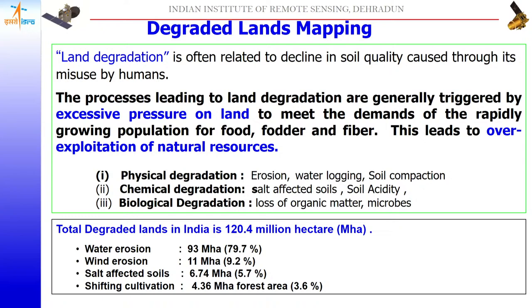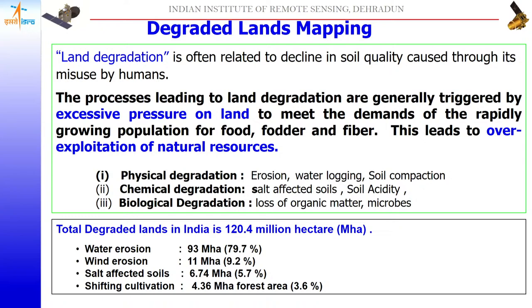In India, a lot of area is affected by land degradation, and total degraded land in our country has been notified as 120.4 million hectare. This is the latest figure by ICAR and the Department of Space. Together they mapped the area under different kinds of degradation, and maximum degradation is occurring because of water erosion.